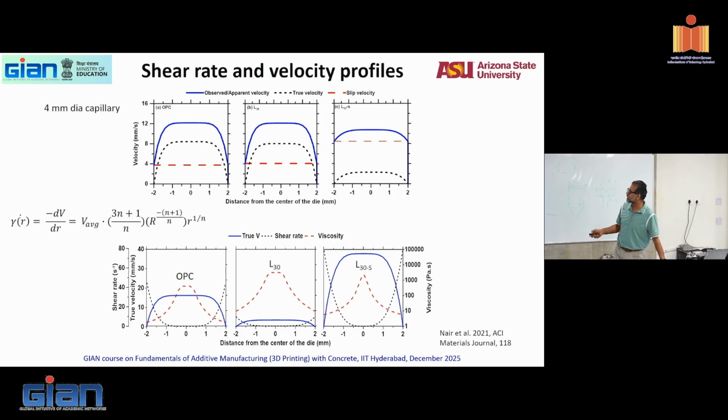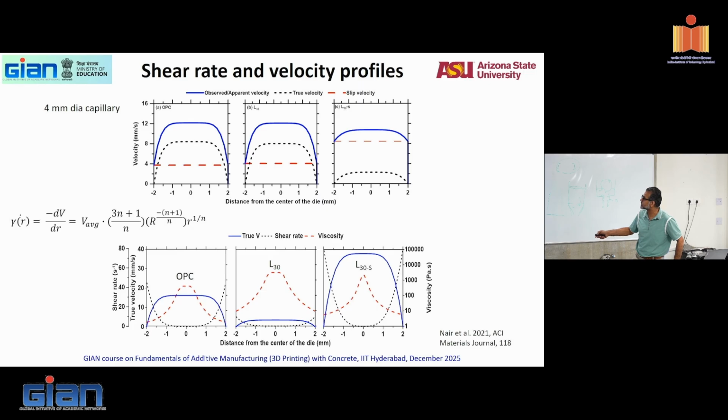Now, if you look at the shear rates and the true velocities here, I want you to look carefully. This is for OPC. This is for a mix with superplasticizer. You see the change here, right? This is a Newtonian behavior with a sharp velocity at the middle and gradually increasing.